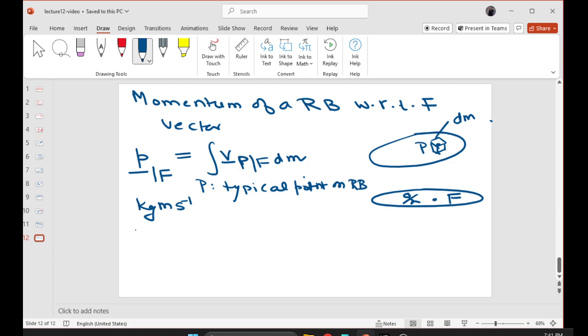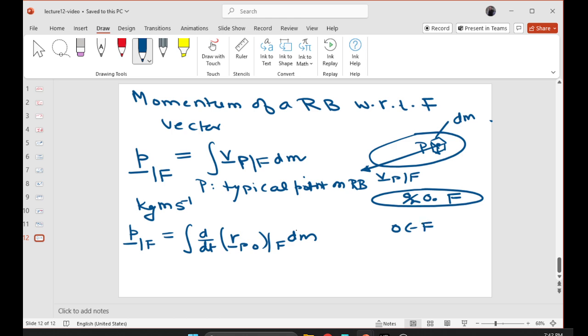Based on this definition, we can show that the momentum of a rigid body can be expressed in terms of the velocity of the center of mass of the body with respect to frame F. And mind you, VPF here is the velocity vector of point P with respect to F. Now since the momentum vector is the integral of VPF dm, we can write VPF as the time derivative of RPO, where O is a point fixed in the reference frame itself.